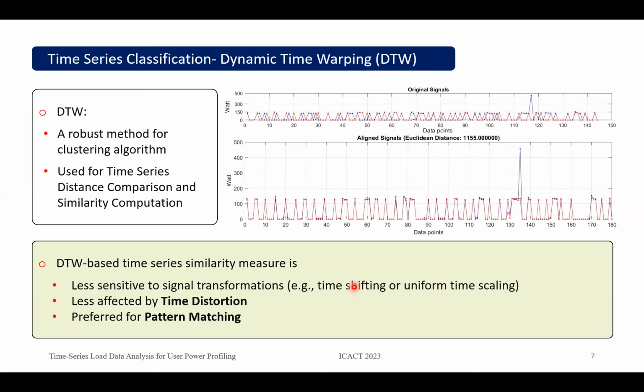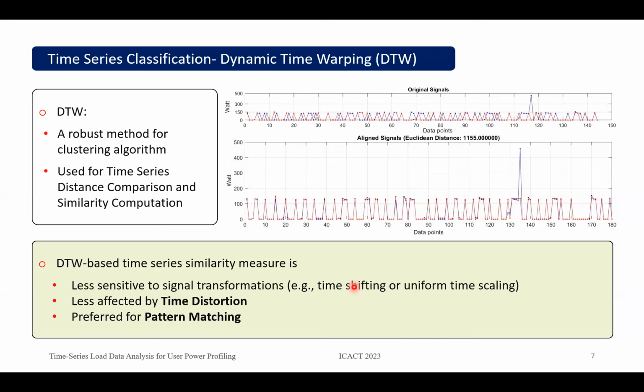It provides a very robust method of clustering, and it can be used to compare distance and similarity between different time series. DTW has some very good properties which are useful for different applications.